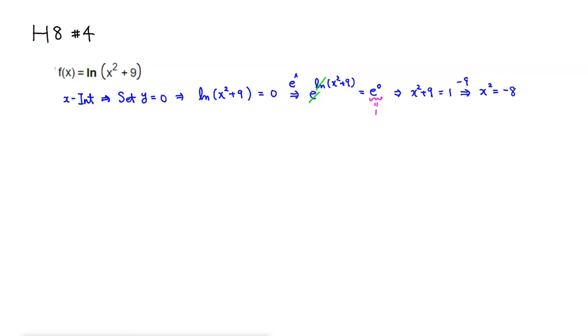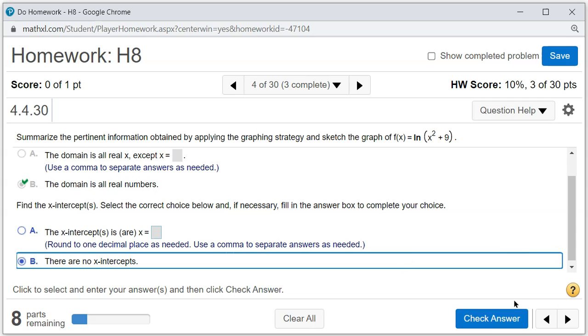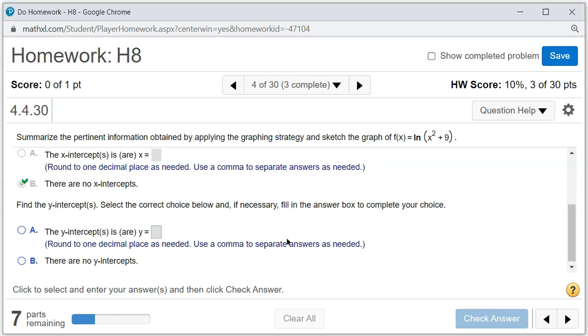So we're going to go up here and say there are no x-intercepts. Check that. We got that. The next thing is we want to find the y-intercept.